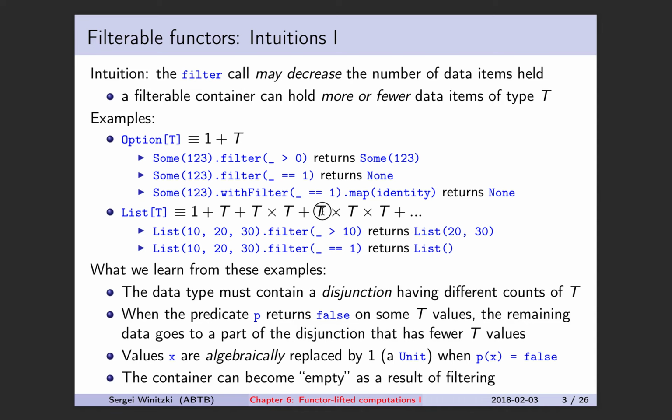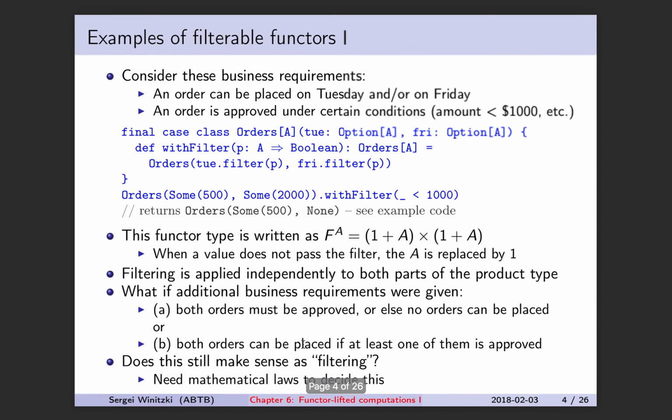So one of these is replaced by a unit, let's say by 1. That is the intuition. I consider further examples that usually we would not think are filterable, but actually it's this general idea that you have a container and an operation that may delete some elements from it. I give some interesting examples for that.